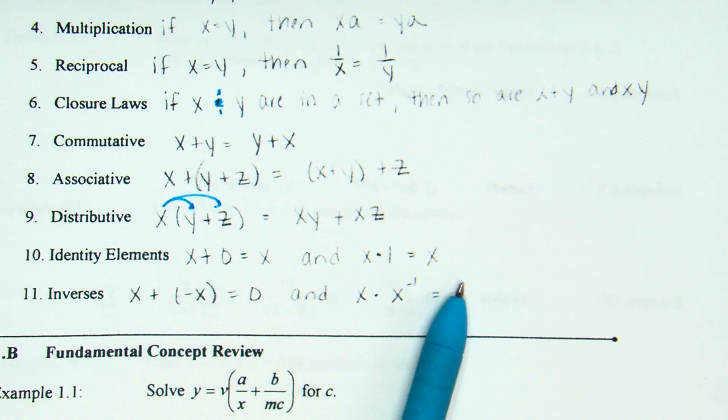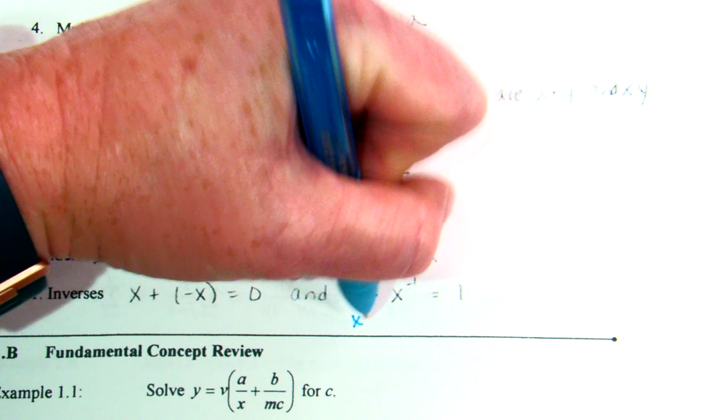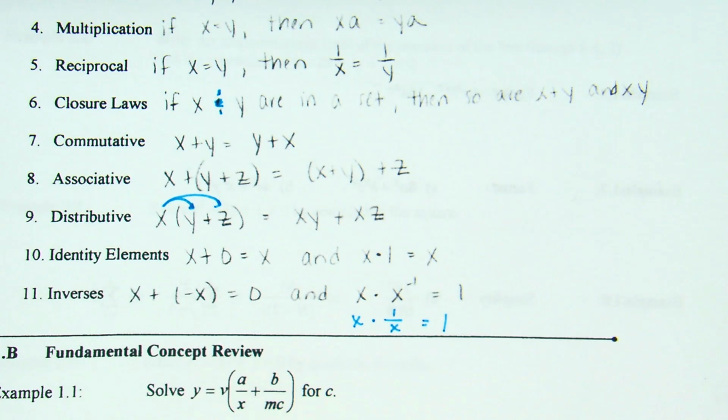Now, they have it written as a number times x to the negative first power. But that's probably not how you really think about it. How do you multiply to get 1? A number times, I would say, its reciprocal. That's like saying, okay, I'm going to do 2 times 1 over 2, and I'll get 1. That's the same thing as saying x to the negative first, though.